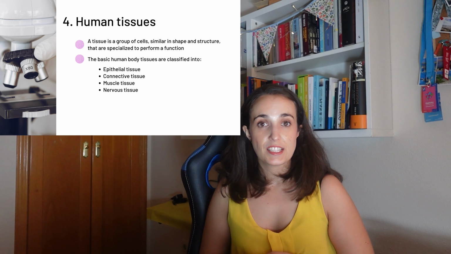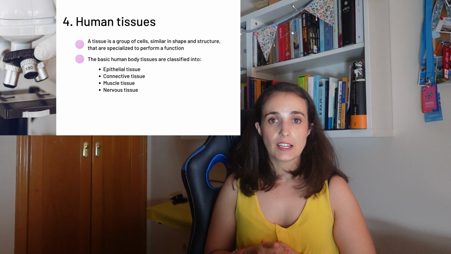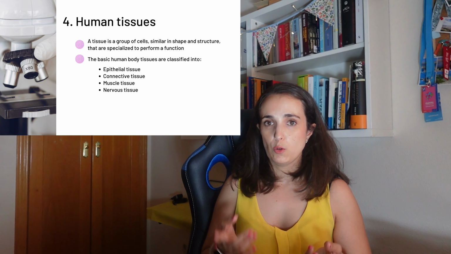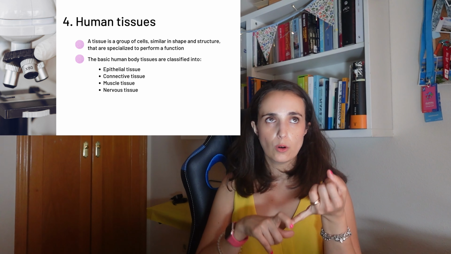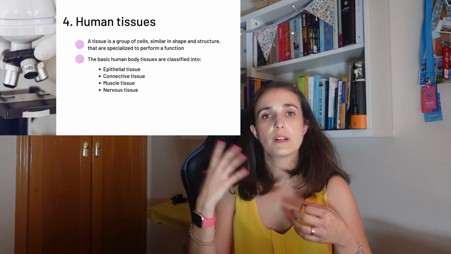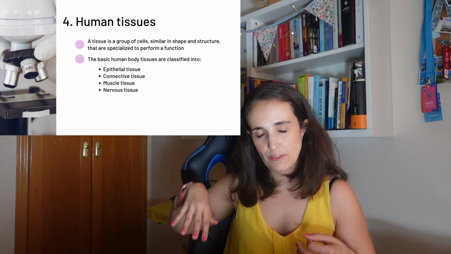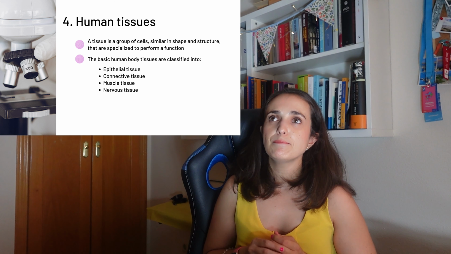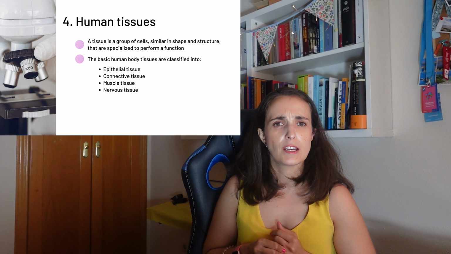We have connective tissue. They are tissues that connect different parts of the body. Could be cartilaginous, could be bone, could be fat tissue. We will see them specifically later. Muscle tissue, okay? I said 5.